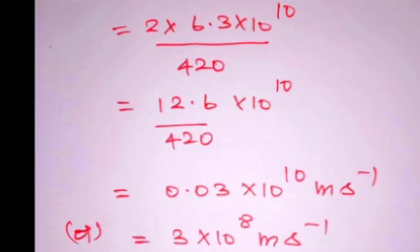So dividing the value, I get 0.03 into 10 power 10 meter per second. Now I'm going to move the decimal, so I get 3 into 10 power 8 meter per second. Therefore the velocity is 3 into 10 power 8 meter per second.